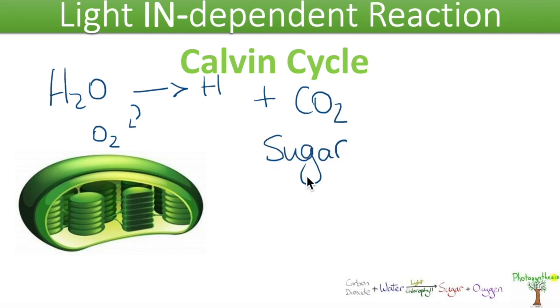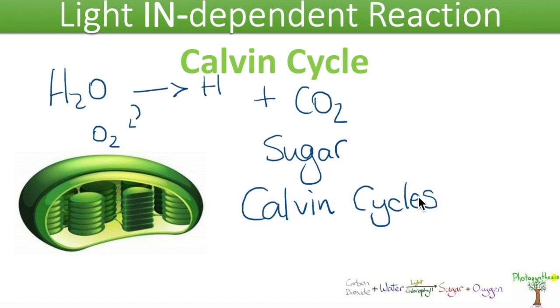Now this is called the Calvin cycle. It's a series of really complicated reactions that we don't need to know anything about, to be honest, but this is the second part, where we're using the carbon dioxide with the hydrogen to make sugar.